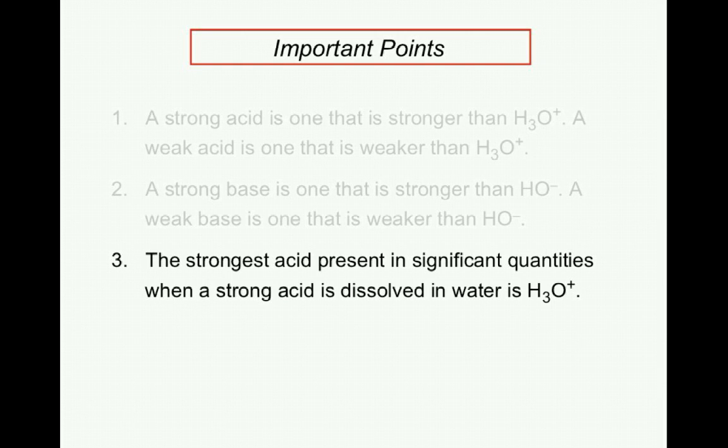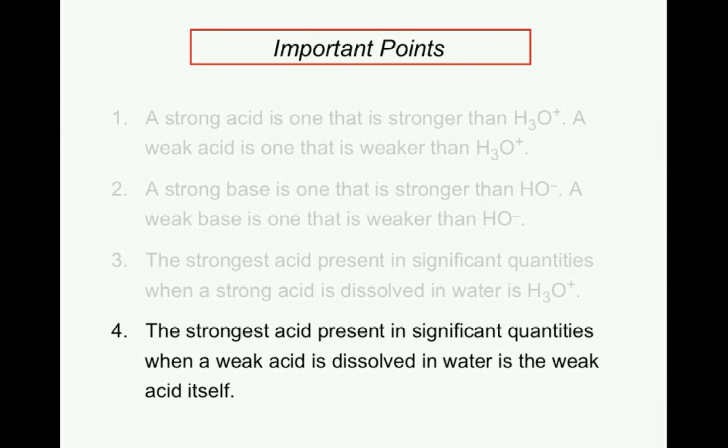The strongest acid present in significant quantities when a strong acid is dissolved in water is H3O+. And 4. The strongest acid present in significant quantities when a weak acid is dissolved in water is the weak acid itself. These points will become increasingly important as we consider different organic reaction mechanisms throughout the semester.